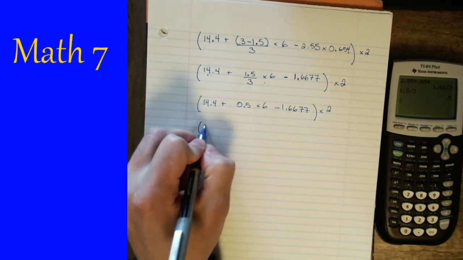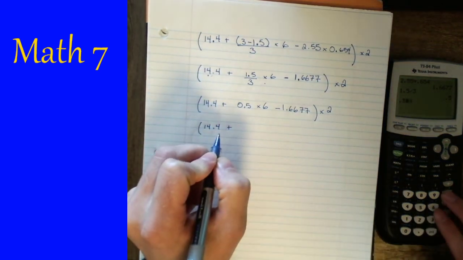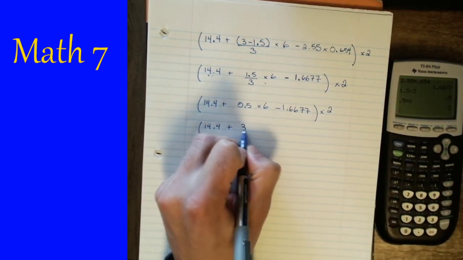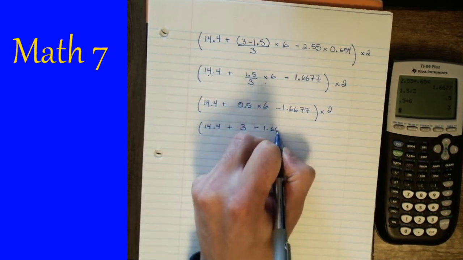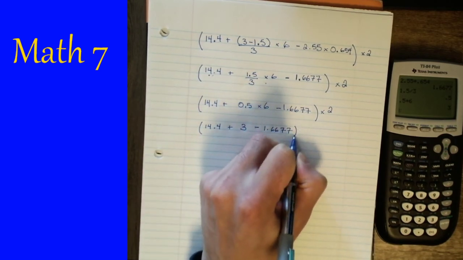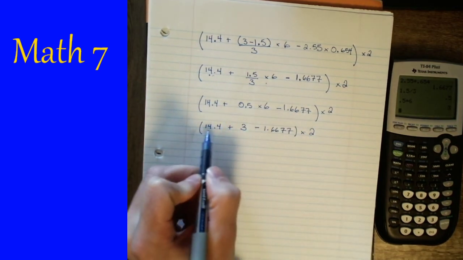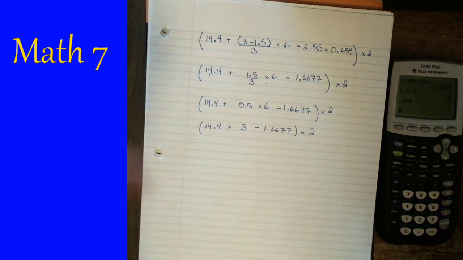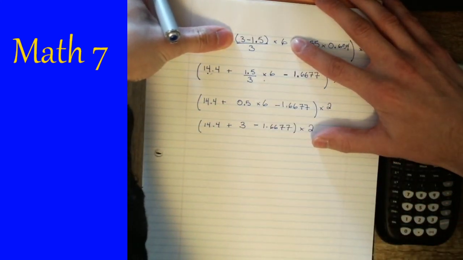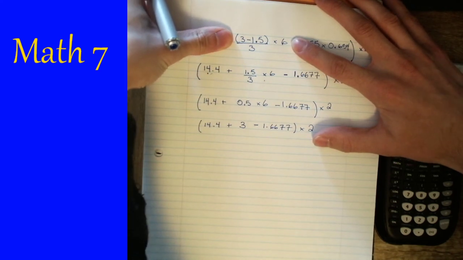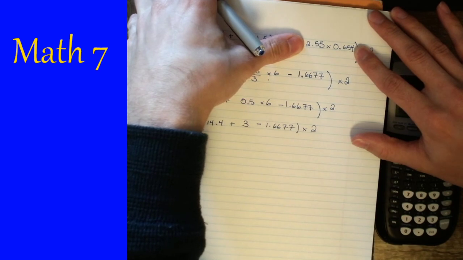Next up, we'll double check that 0.5 times 6 is 3, minus 1.6677 times 2. And now we have what I was talking about, 14.4 plus this whole thing just ended up being 3. And then this ended up being that 1.6677.